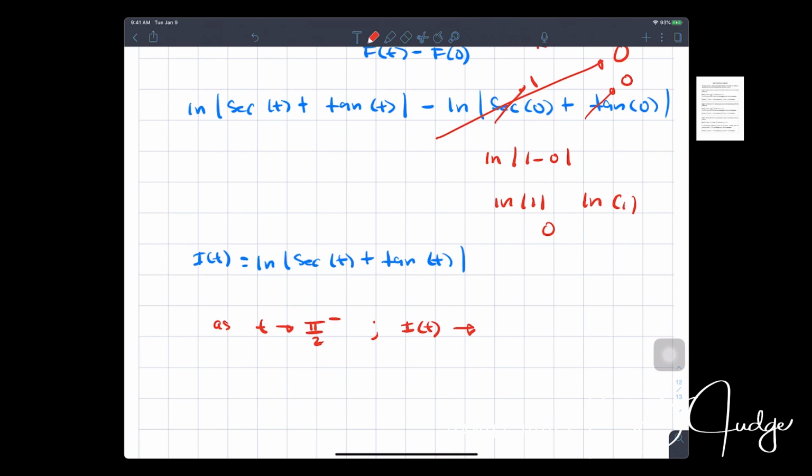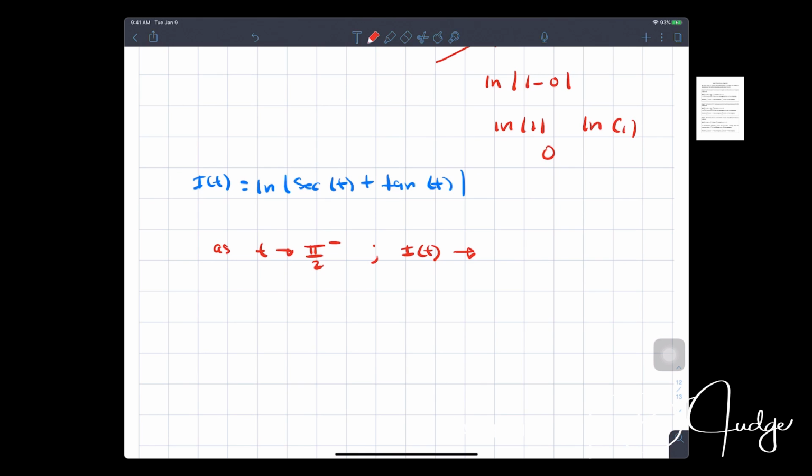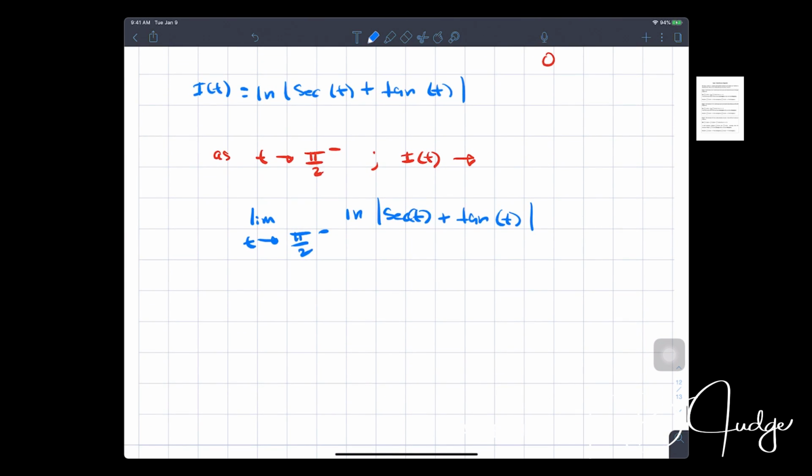We're going to have to look at this limit: the natural log absolute value of secant plus tangent. And that's going to be a very important detail. I'm going to have to find that limit.